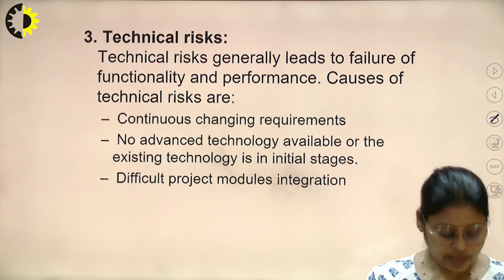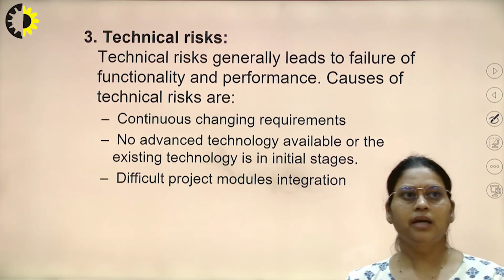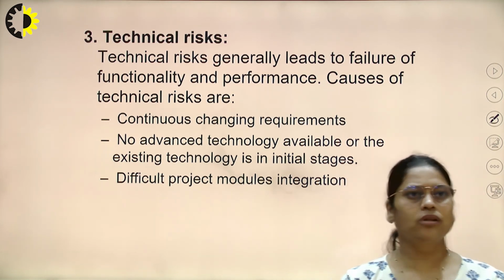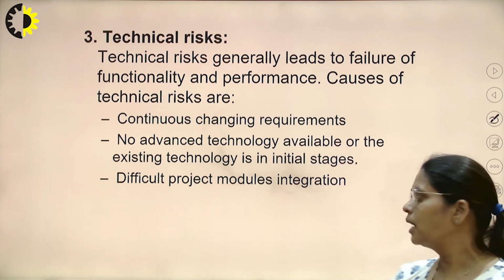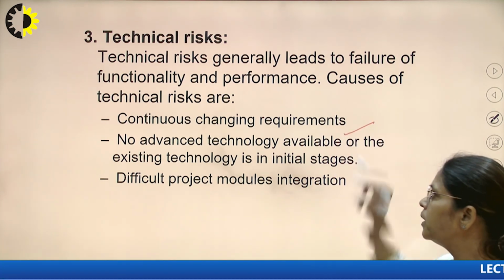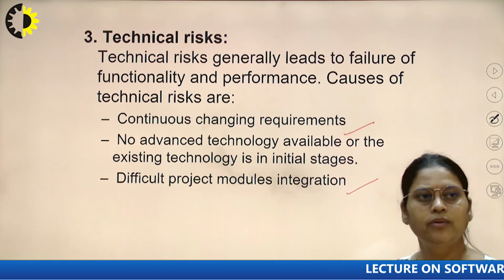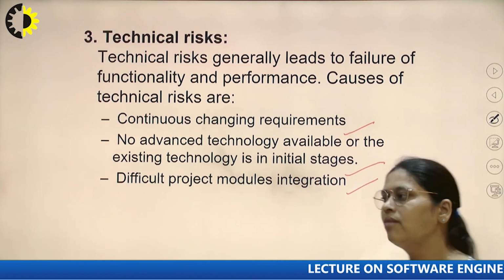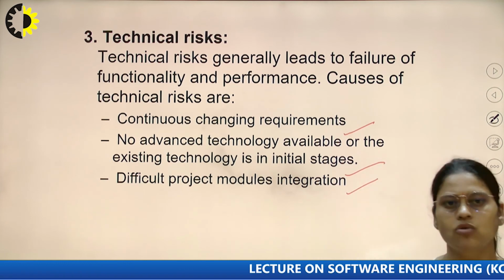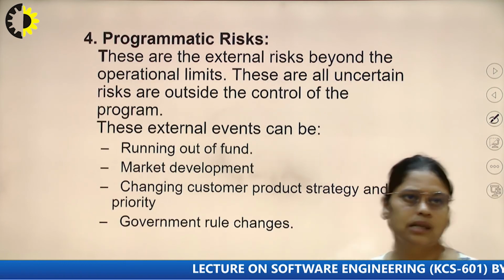The third category is technical risk. Technical risk is failure of functionality and performance, and it comes due to continuously changing requirements and difficult project module integration. If we don't have any advanced technology, then also we face some technical risk.